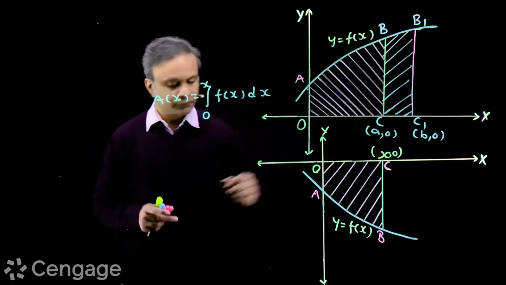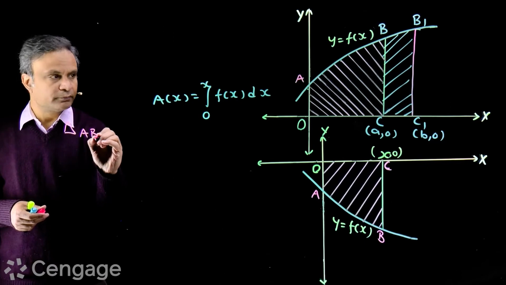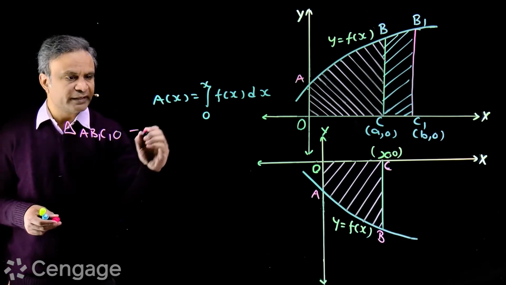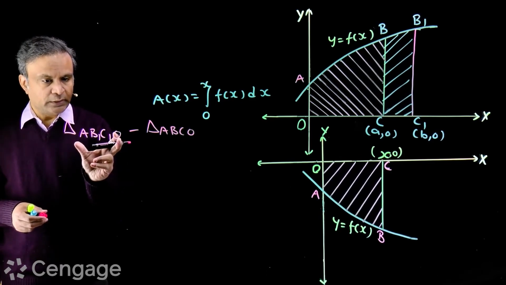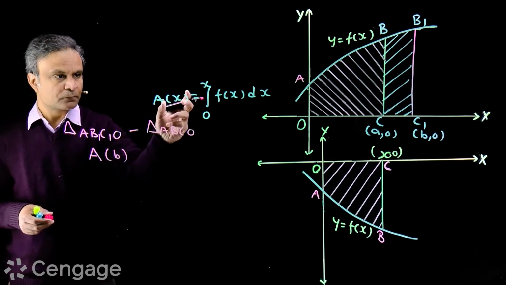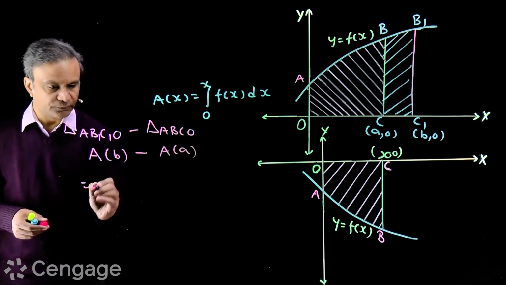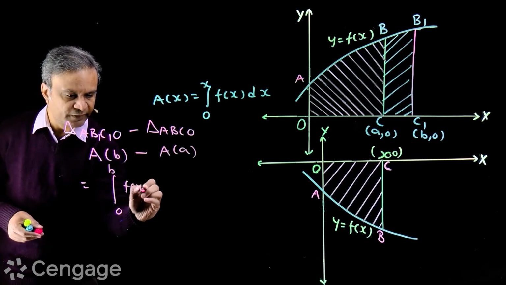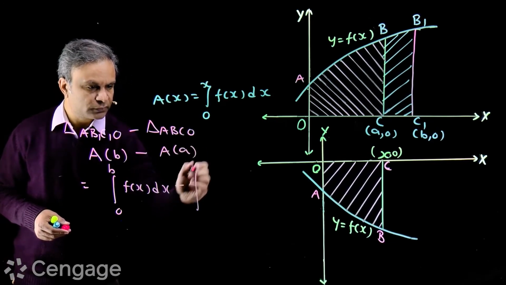This area is area of region delta of a b 1 c 1 o. Delta means area of this region a b 1 c 1 o minus area of region a b c o. Okay, this area is a of b. Okay, and this area is a of a. Okay, a of b is from this formula integration of function f of x for limits 0 to b minus this area.